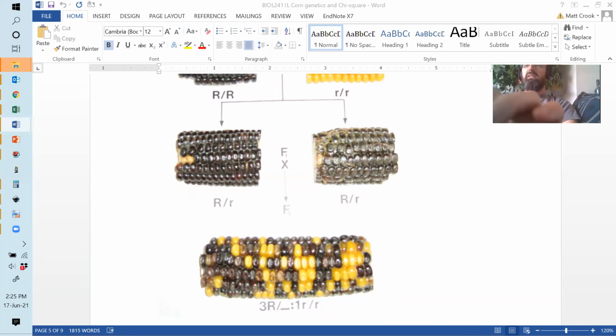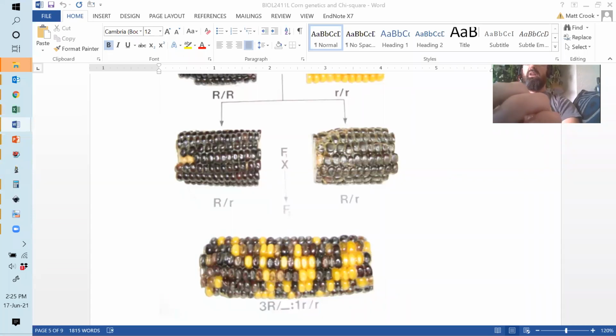Our expected values, this is why it's a good practice for chi-squared. The expected for purple equals the total number of kernels counted times the expected fraction.